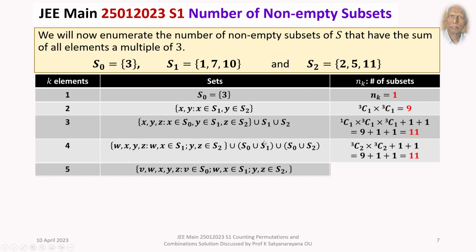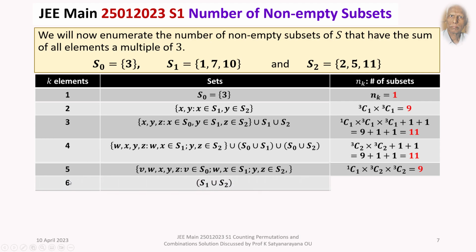So you will get what? Sorry, this is 1C1. V comes from S0, 1C1. 2 elements from S1, 3C2. 2 elements from S2, that is 3C2. This is 9. Agreed.